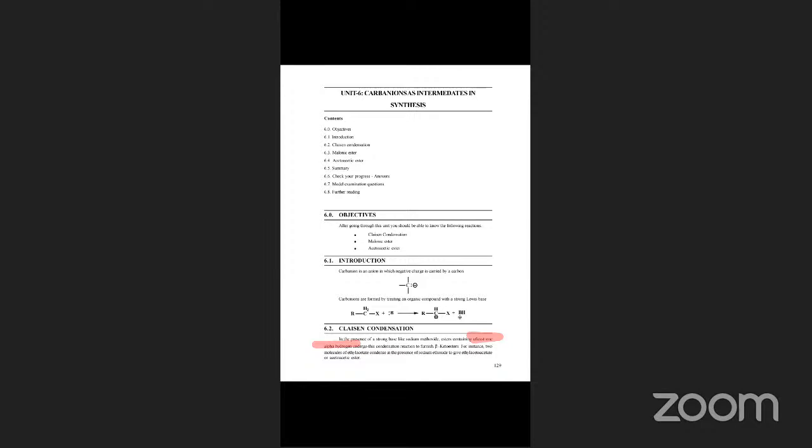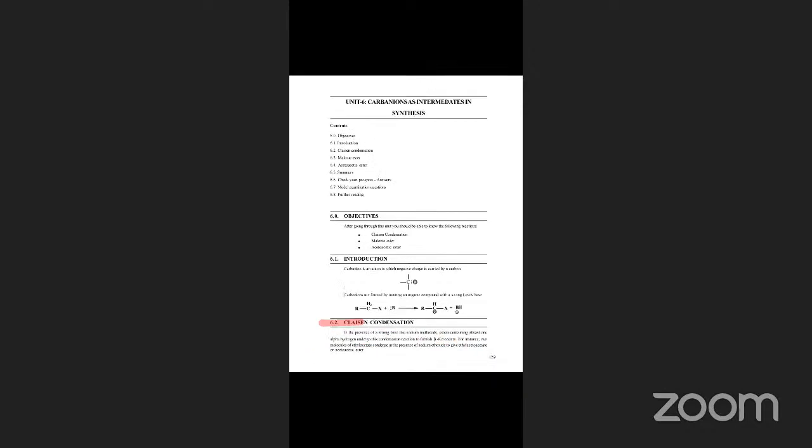So, in presence of a strong base like sodium methoxide, esters containing at least 1 alpha hydrogen undergo condensation to furnish a beta keto ester. For instance, 2 molecules of ethyl acetate condense in the presence of sodium methoxide to give ethyl acetoacetate or acetoacetic ester.